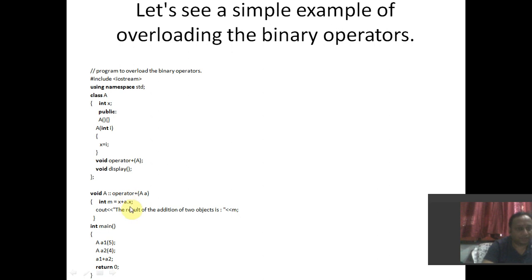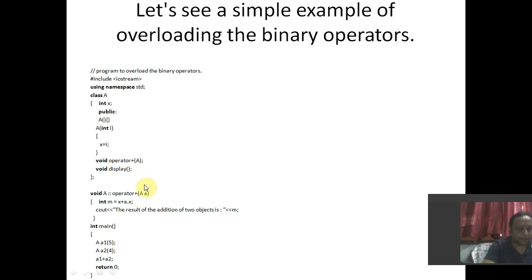How it will work: in int main, we create objects from the class, a1 and a2, and only one argument is given, so only one value is passed. First it will pass 5, then it will pass 4, after that a1 + a2. Whenever it sees the plus, it will automatically call that particular operator overloading.